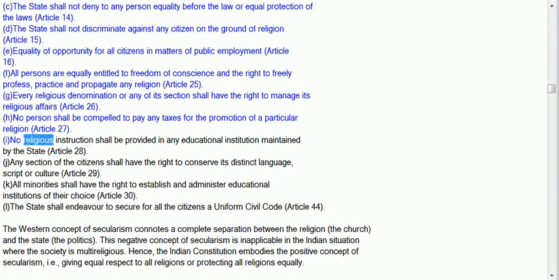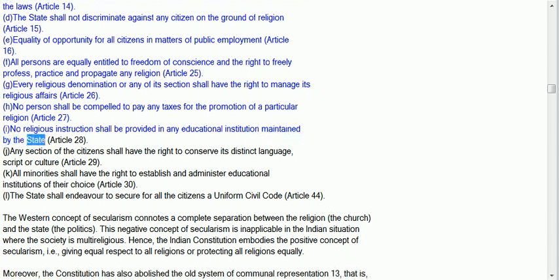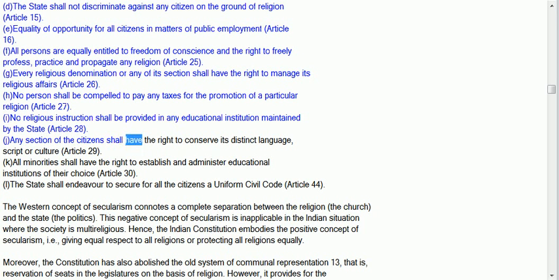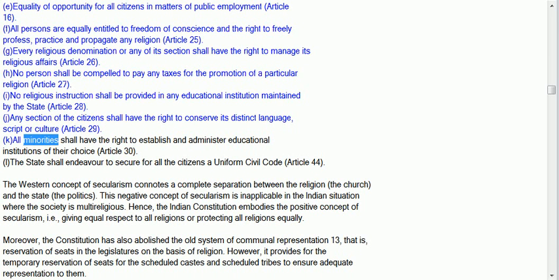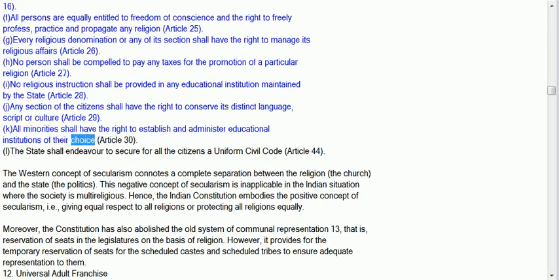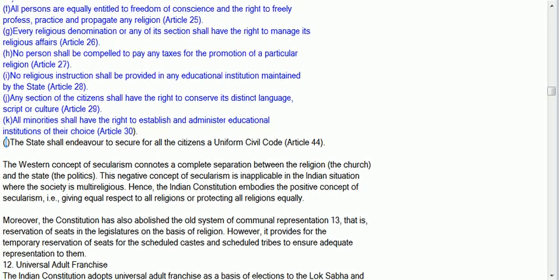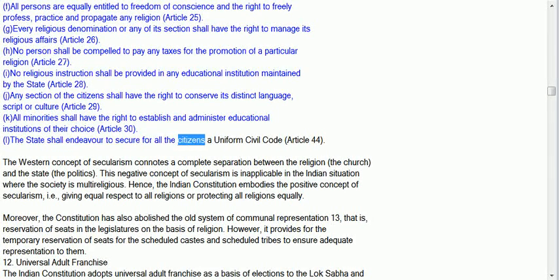I. No religious instruction shall be provided in any educational institution maintained by the state, Article 28. J. Any section of the citizens shall have the right to conserve its distinct language, script or culture, Article 29. K. All minorities shall have the right to establish and administer educational institutions of their choice, Article 30. L. The state shall endeavor to secure for all the citizens a uniform civil code, Article 44.